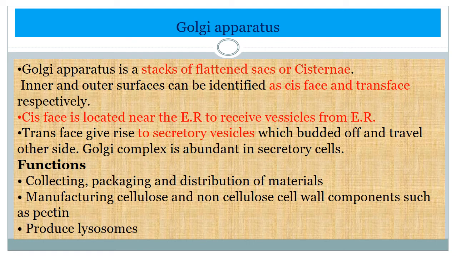Remember, the Golgi complex is abundant in secretory cells, and its function is collecting, packaging and distribution of materials, manufacturing cellulose and non-cellulose cell wall components such as pectin, and production of lysosomes.